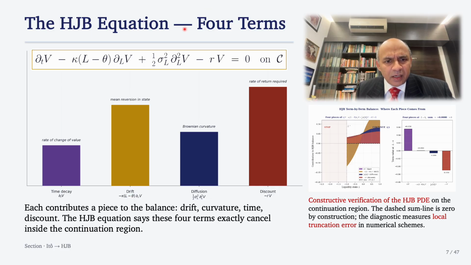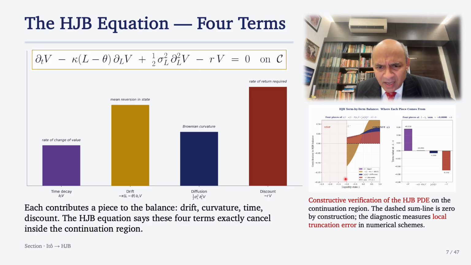The third term is the diffusion term, half sigma L squared d-squared-L V. This is the Brownian curvature, or the value adjustment from volatility. The Jensen convexity effect is captured by this term as well. The fourth term, the discount minus rV term, is the required rate of return, or we can interpret it as the cost of holding the asset.